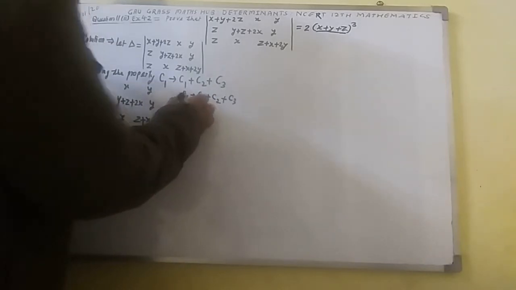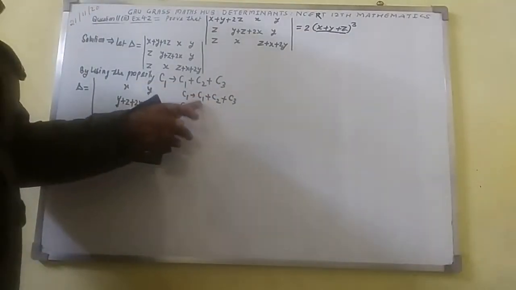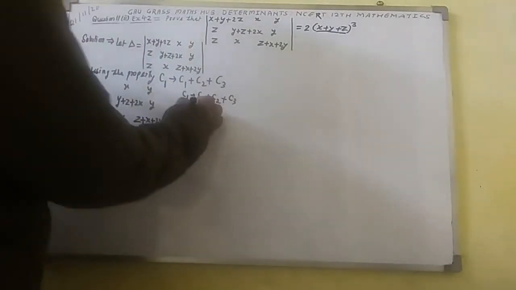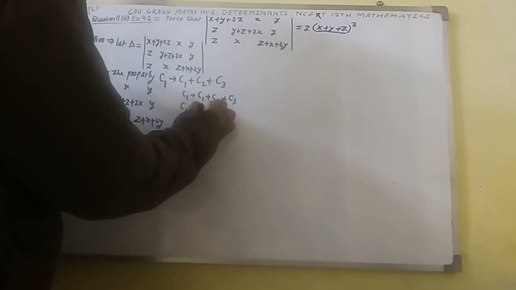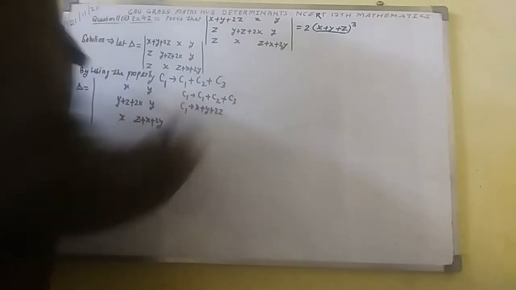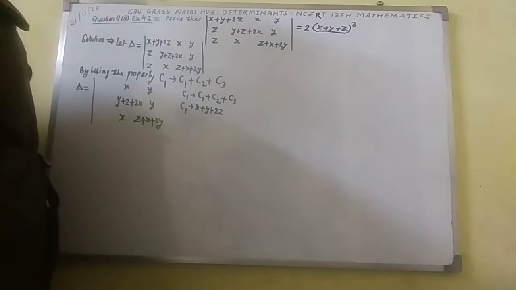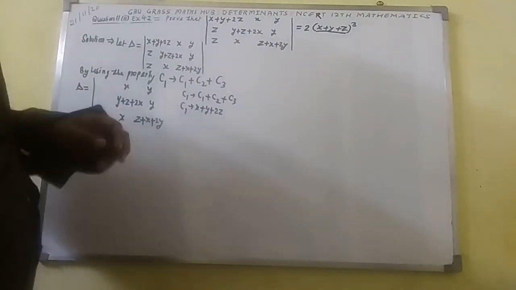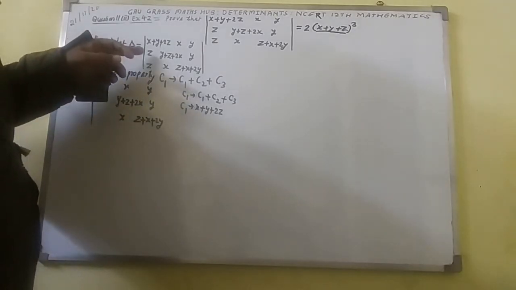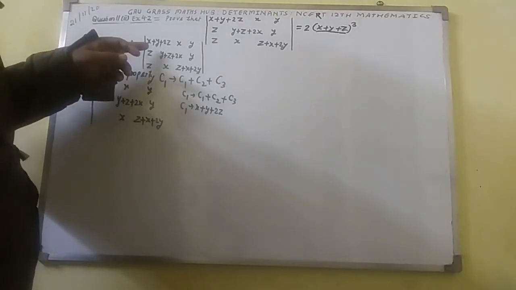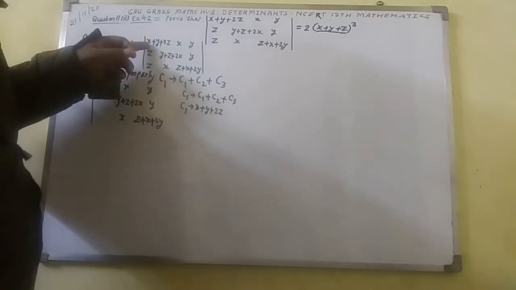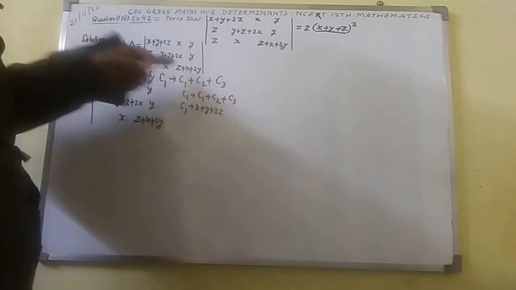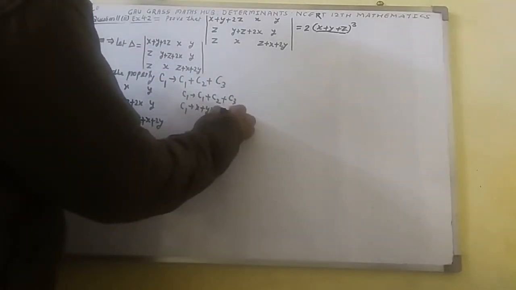If I take the element of C1 as x plus y plus 2z, then the corresponding element in the second column will be x, so here write x.